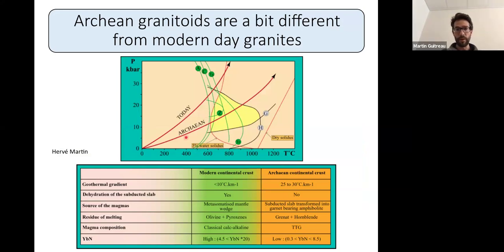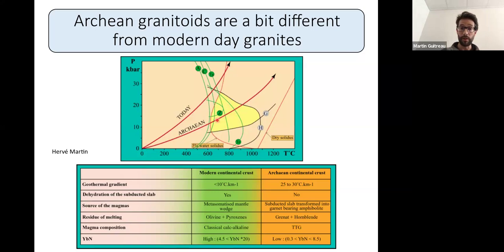But put in a different way, if you look at this pressure over temperature diagram, if you consider geothermal gradients, in the present day, the geothermal gradient looks like that. And in the Archean, it can be proposed that the gradient was a little bit shallower, so that when the basalts reach a certain pressure, the temperature will be high enough so that the basalt can melt to generate TTGs.